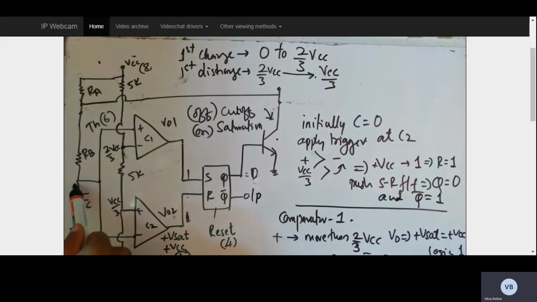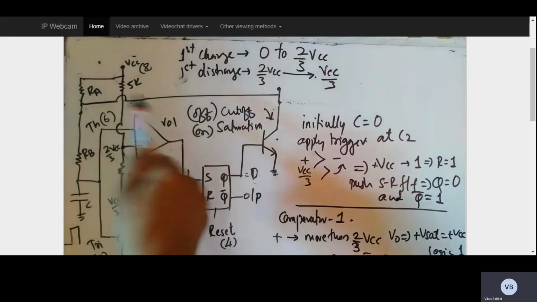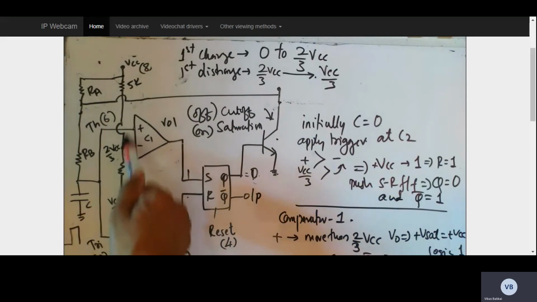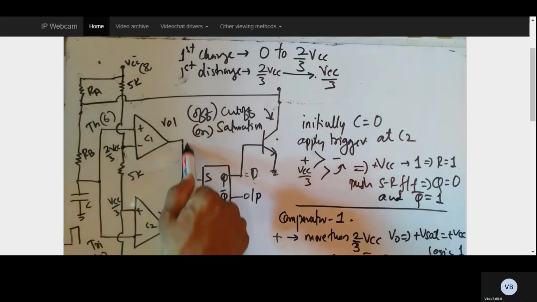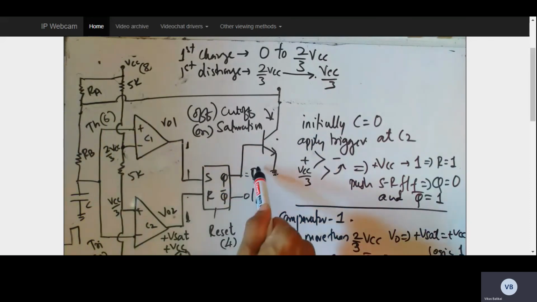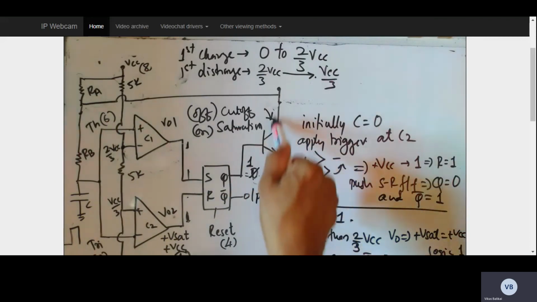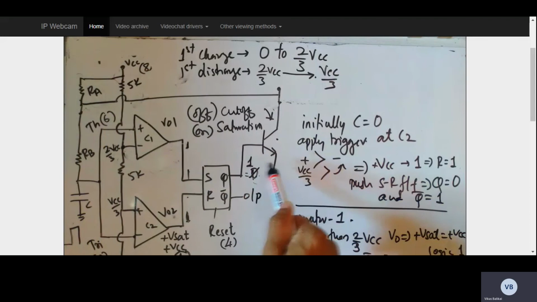The moment charging occurs, this potential reaches more than 2 by 3 VCC, and comparator 1 will come into action, and the comparison happens over here, and as a result the positive terminal is at the highest potential, and the output will be 1. The moment this is given to the SR flip-flop, the output of the SR flip-flop will again be 1, and this will ensure the transistor is on, behaving as an on switch, and again the discharging happens.